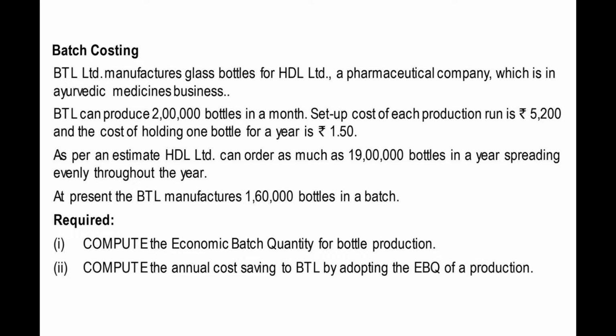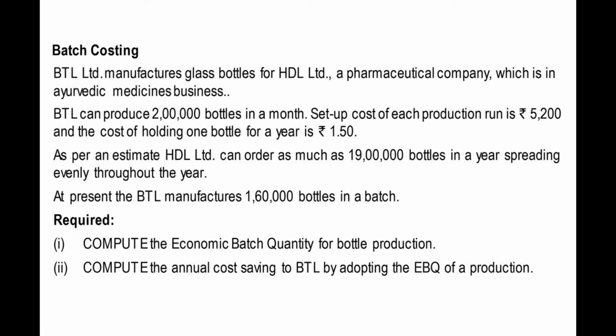Then you can ask, what is the economic batch quantity? Whether economic batch quantity and economic order quantity are one and the same? It is not one and the same, but the concept is very similar. There is a difference. Economic order quantity deals with purchase, but economic batch quantity deals with production.